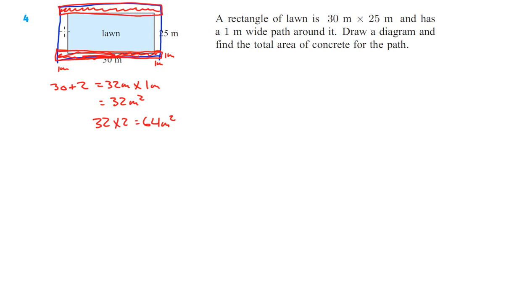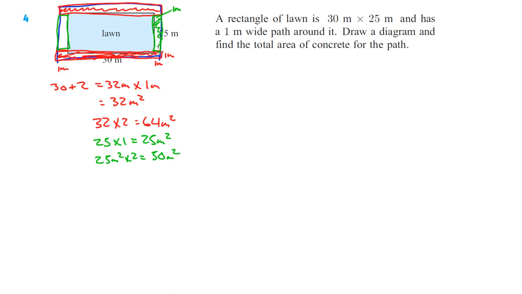Okay, so now we've got to figure out these two sections here. We'll outline those in green. So that's that by that. This is actually pretty nice because this is just 25, and then this section here is also 1 meter wide. So for the green pieces, we just do 25 times 1, which is 25 square meters, but we have 2 of those, so it's 25 square meters times 2, just like we did up here, equals 50 square meters.